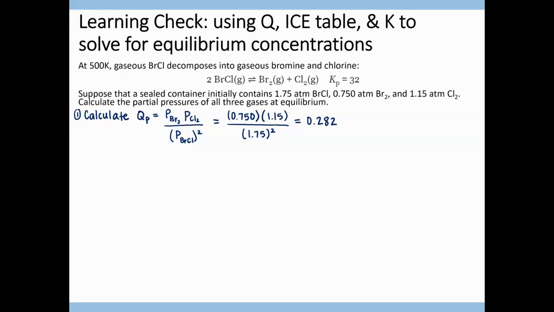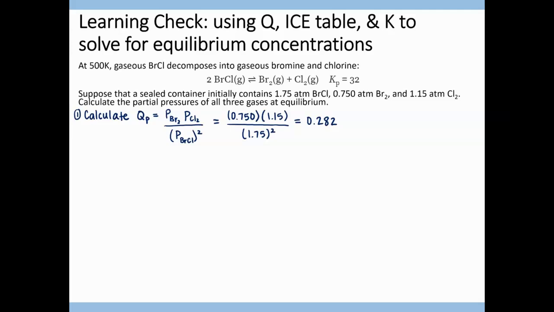I know that Q and Kp are different values, but why couldn't we use Kp to see where it lies? We are about to use Kp. But as you can see from this equation, the Q is not equal to K. So at equilibrium, the ratio of products over reactants is 32. But right now, the ratio is 0.282.